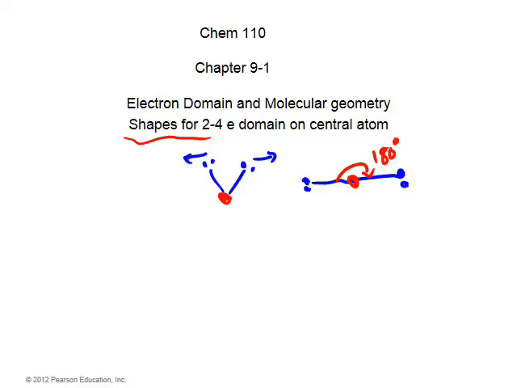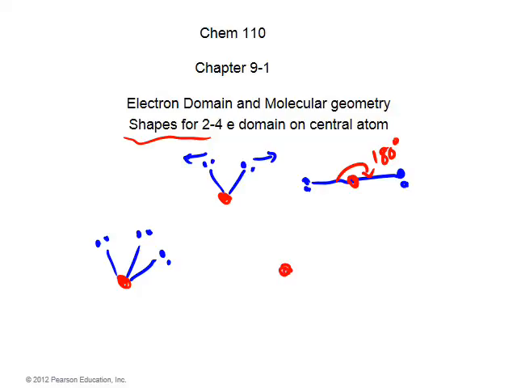Now let's think about the case when we have three pairs of electrons, or three electron domains. So this is my central atom. I'm pretty sure you'd be able to predict what the shape could be. Let's first put these three pairs close to each other. Again, knowing that each pair of electrons repels the other pairs, they would try to be farthest away from each other. You can quickly find out they'll be farthest from each other when their geometry is like this.